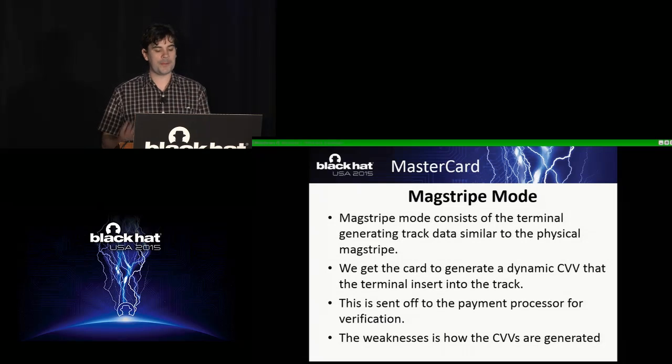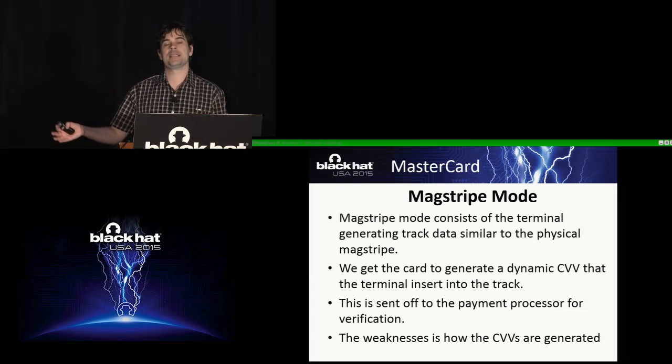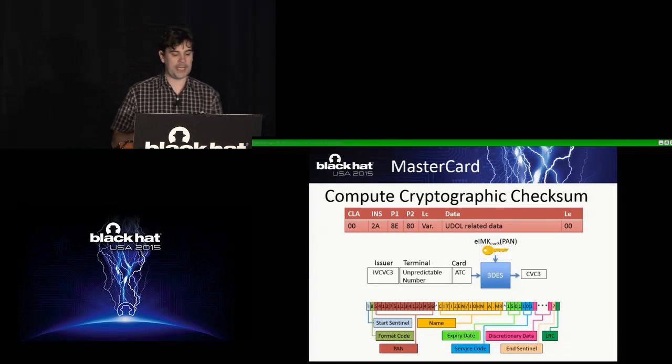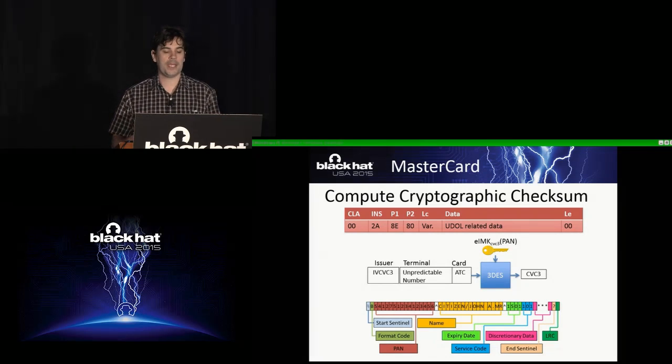So in this mode, we're basically making a dynamic CVV and inserting that into regular track data and sending that off. Traditionally, you'll have a track field as pictured below, where you've got name, discretionary data, the service code.